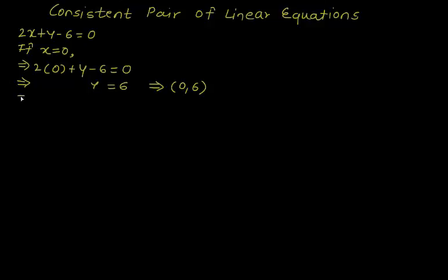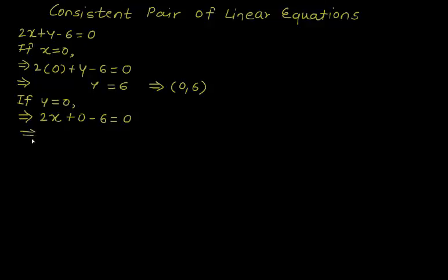Now let's assume value of y as 0. In the first case we assumed value of x is 0. In the second case we are assuming value of y as 0. Now putting the value of y equal to 0 in the equation, what we get? 2x will remain as it is, y is 0, minus 6 is equal to 0.